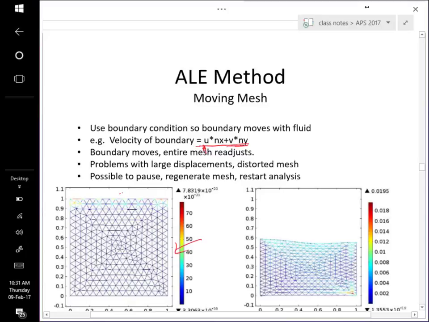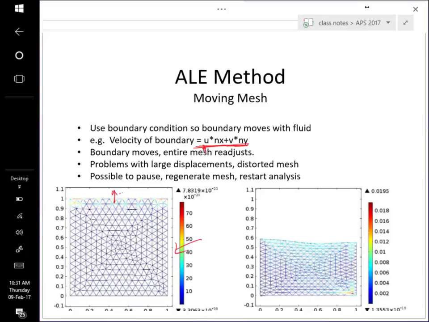So that is the velocity normal to the boundary. Okay, so when the boundary is flat like this, it just gives it that velocity. But you'll see the interface is changing, so the velocity is changing direction.